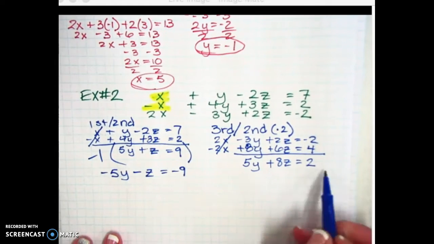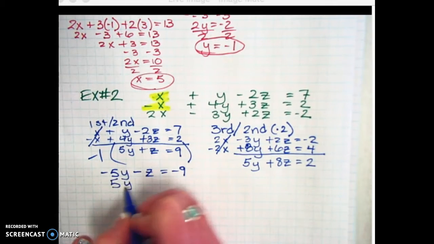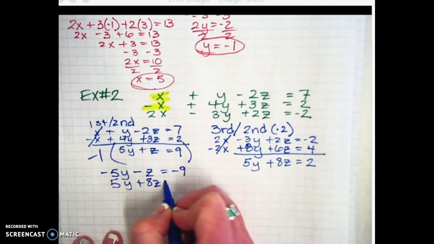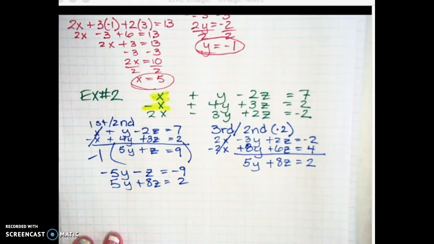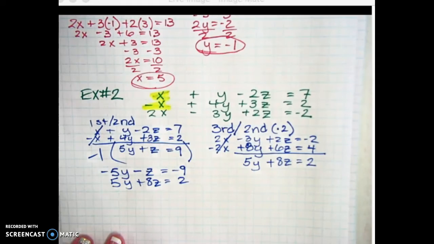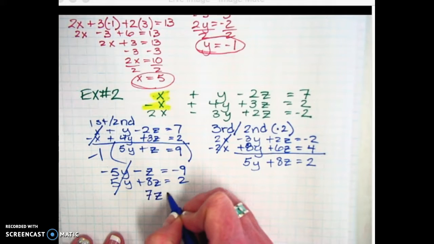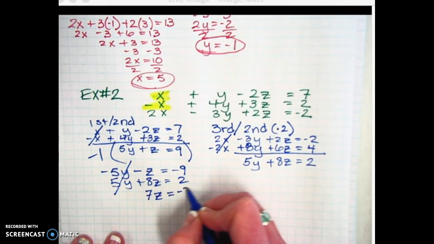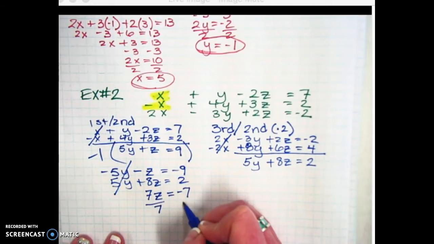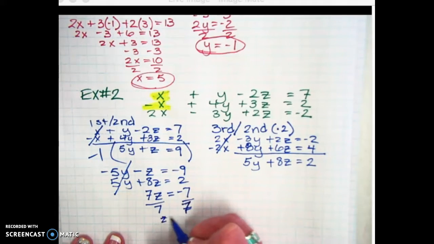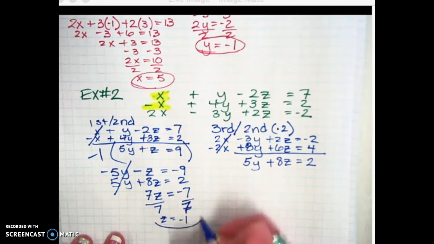And then directly underneath it, just write this one. 5y, 8z, 2. Okay? I'm about to get my first variable, right? So these are opposites, they cancel. I've got 7z here, and that's equal to negative 7. So when I divide by 7, I get z is equal to negative 1.